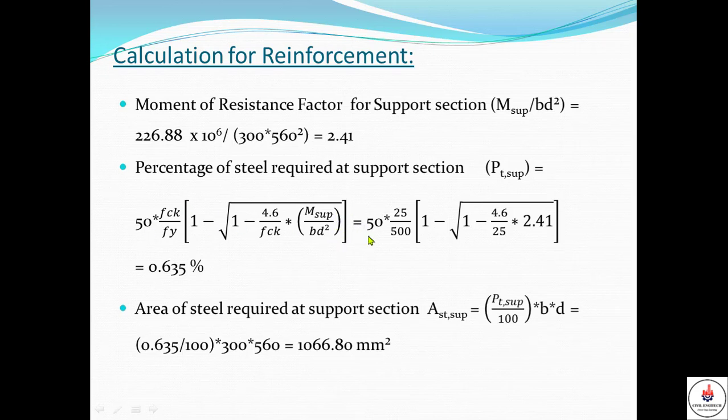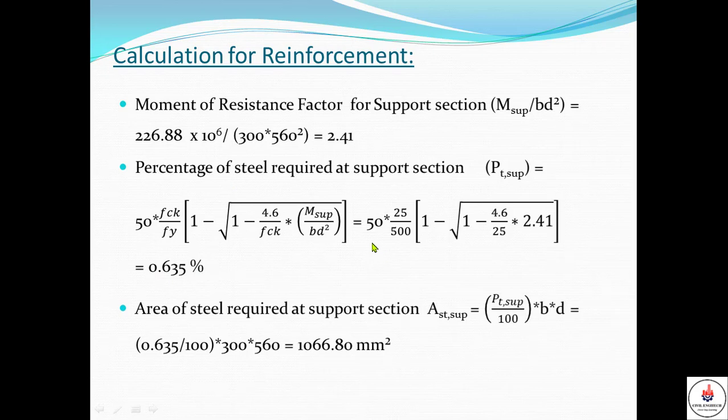That equals 50 into 25 by 500 into 1 minus root under 1 minus 4.6 divided by 25 into 2.41. By calculating all those things, we get 0.635% as the percentage of steel required.